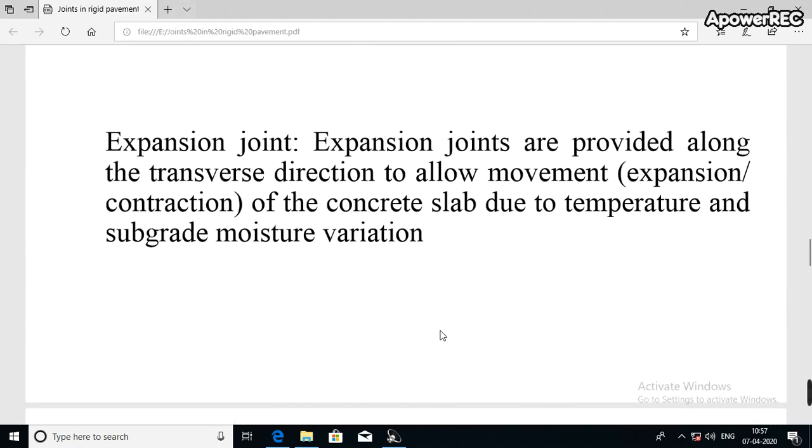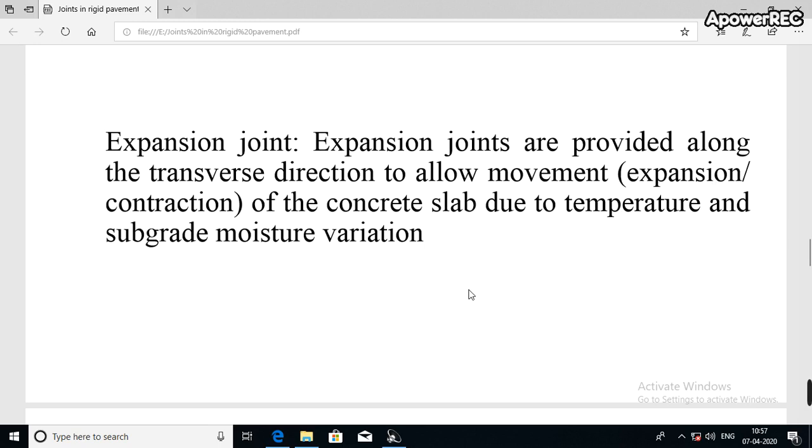Next up is the expansion joint. It is provided along the transverse direction again to allow the movement of the concrete slab. Here I have written: allow the movement in case of expansion or contraction. Both things can happen in case of expansion joints, because temperature and subgrade moisture variation will come into the picture.